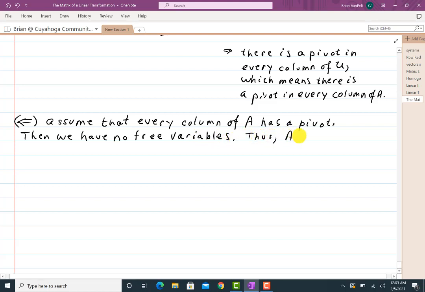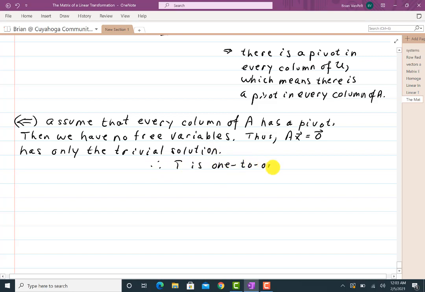Thus, Ax equals 0 has only the trivial solution. Therefore, T is 1 to 1.